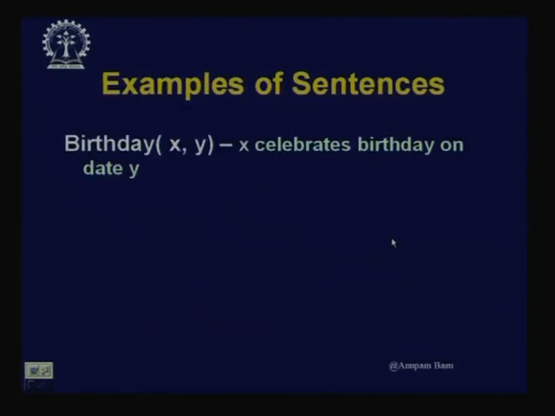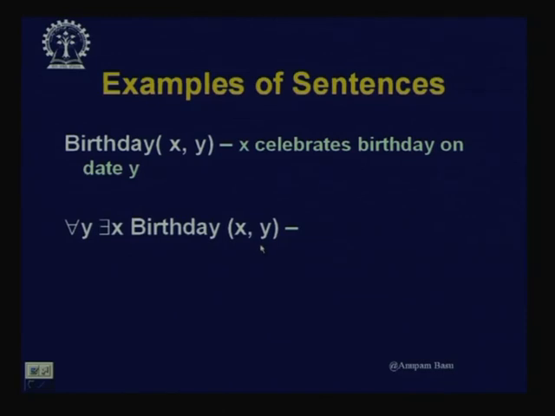So, here we can see x celebrates birthday on date y, and what does it mean? That is for all y, that means for all possible dates, there exists some person who has got a birthday on that date.